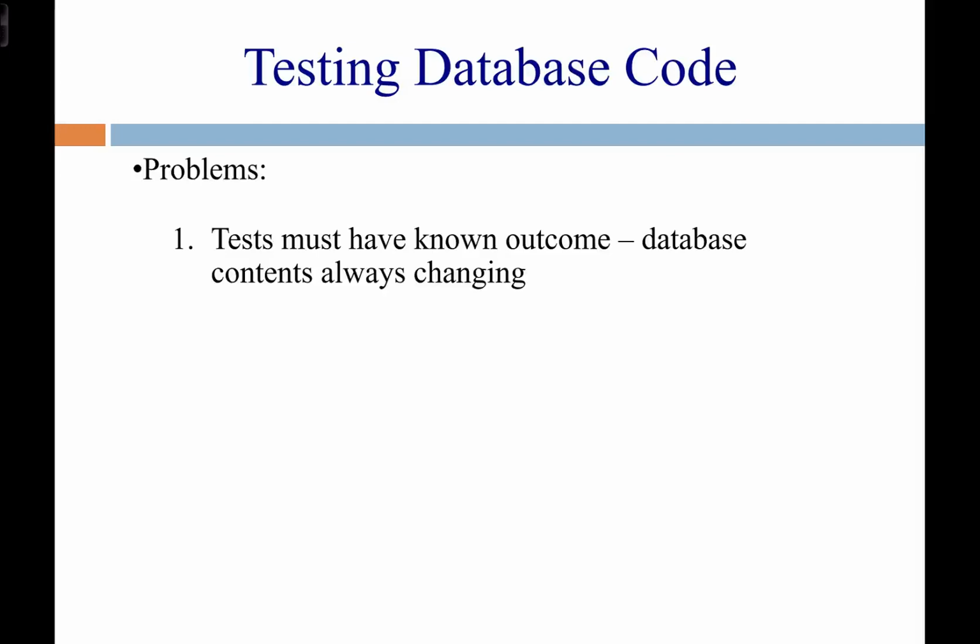But if the result depends on querying a database and that database is constantly changing because people are using the system, say this is the library and patrons are checking out books, returning books, things like that, then how do you know what the query should return if the rows are constantly changing? So how do you know what to assert against?